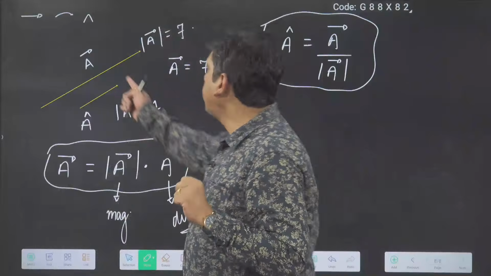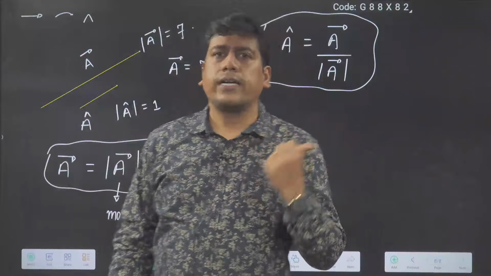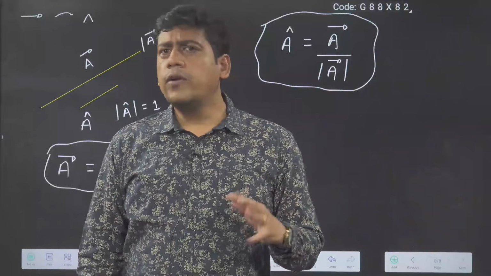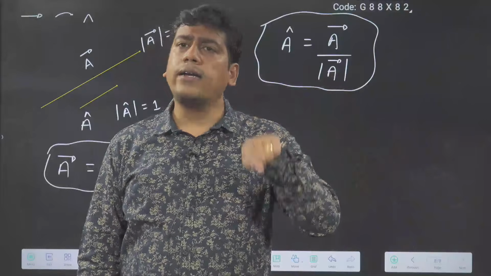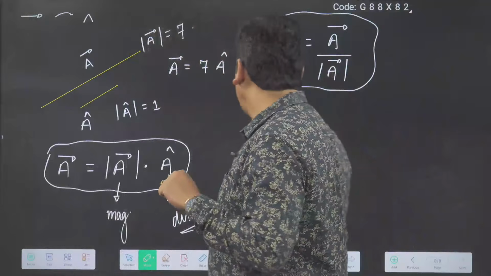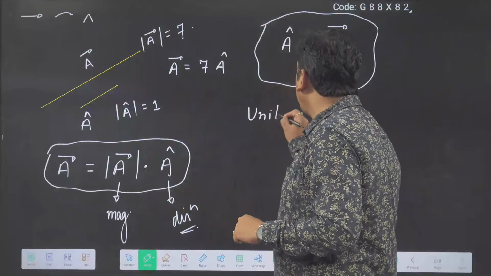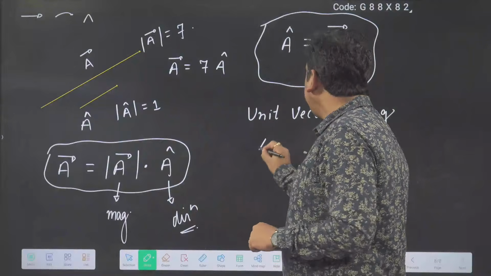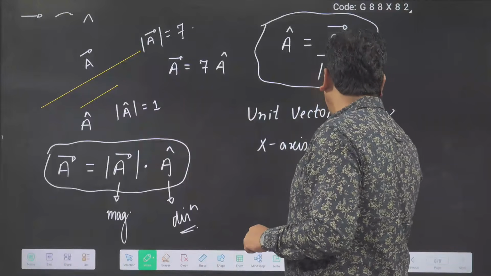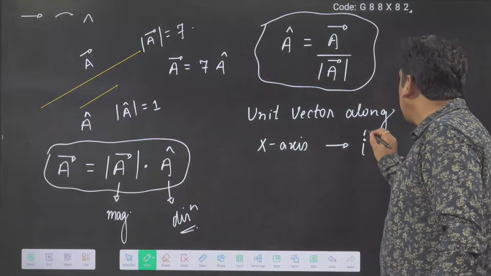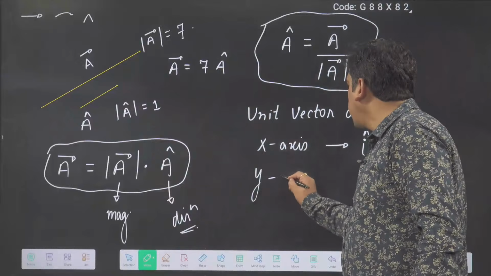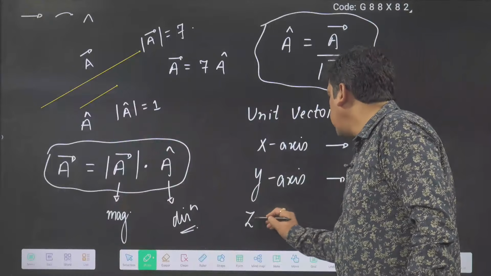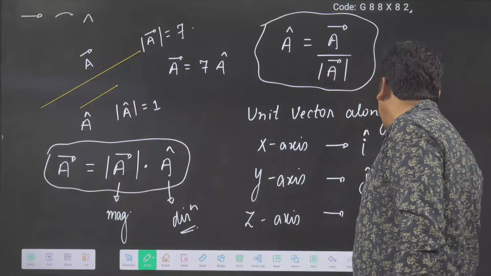Now, for a vector I said a cap. If I ask what is the unit vector along the x-axis, you can give it any name. But to avoid confusion, we have said that the unit vector along the x-axis is i cap, along the y-axis is j cap, and along the z-axis is k cap.